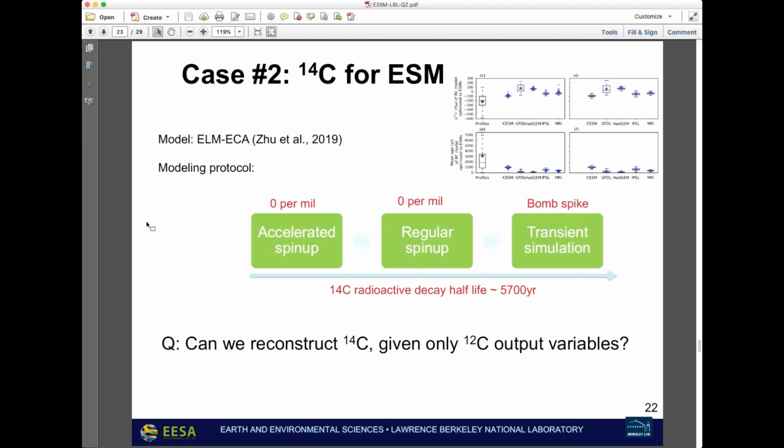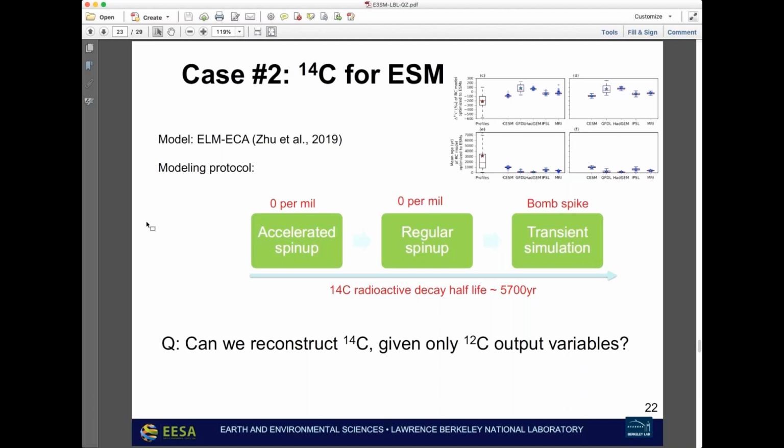For the second case study, we again use the E3SM land model, but the purpose was for the CMIP5 or CMIP6 models, the other Earth system models. We demonstrated the approach works for the E3SM land model, but this approach can be generalized. We have the same modeling protocol: accelerated spin-up, regular spin-up, transient simulation, and a bomb spike, so everything is the same as the first study.